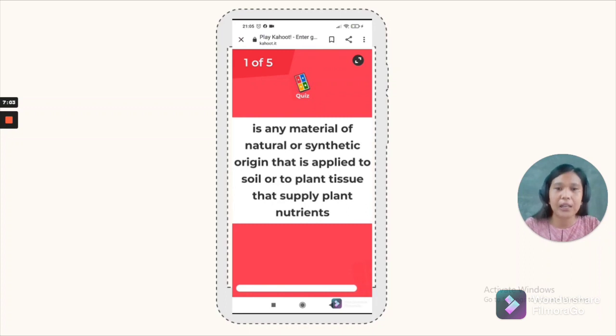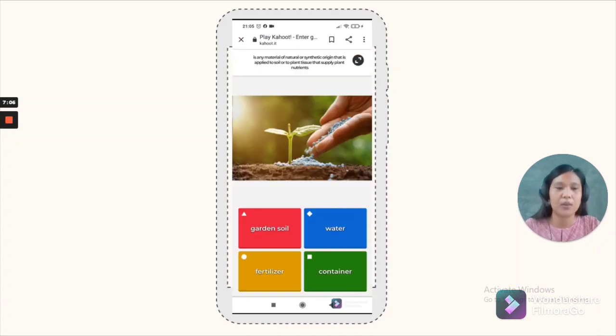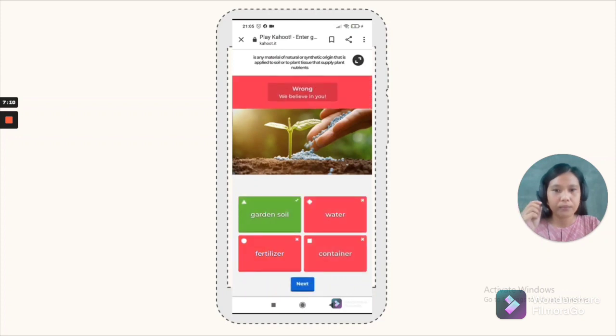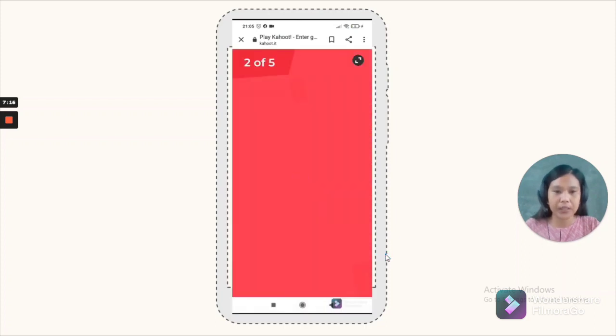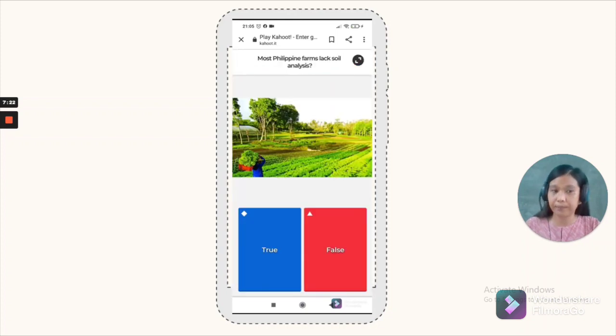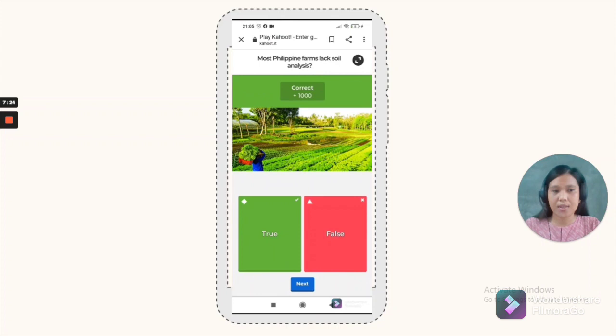Okay, is any material, natural or synthetic origin, that supplies nutrients? Okay, the correct answer is fertilizer. That has been corrected. Most Philippine farms lack soil analysis. True or false?